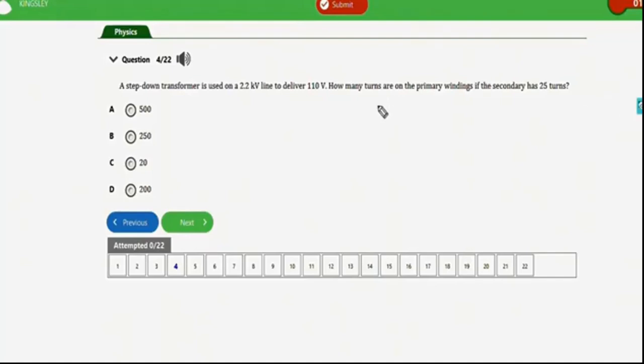NP over NS equals VP over VS, where NP is the number of primary turns, NS is the number of secondary turns, whereas VP is the primary voltage, VS is secondary voltage.